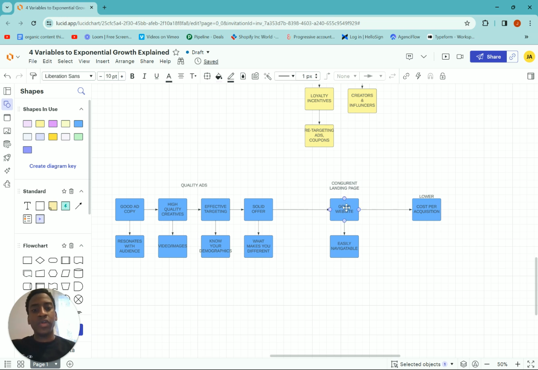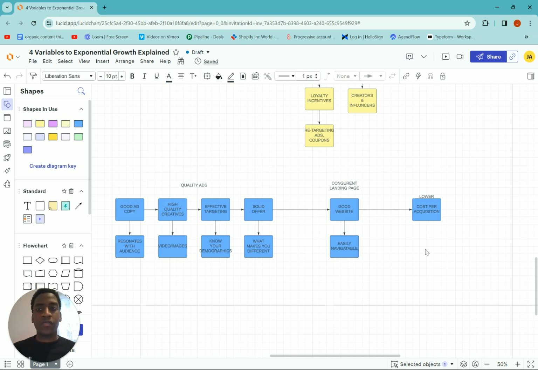So you want to make sure you have a good website that's easily navigable. So it's all well and good having a good website, but if someone can't find the purchase button, then you're not going to get a sale, and it makes it harder to get a new customer. So by doing all of this, you'll be able to lower the CPA, the cost per acquisition, and get new customers for cheaper.